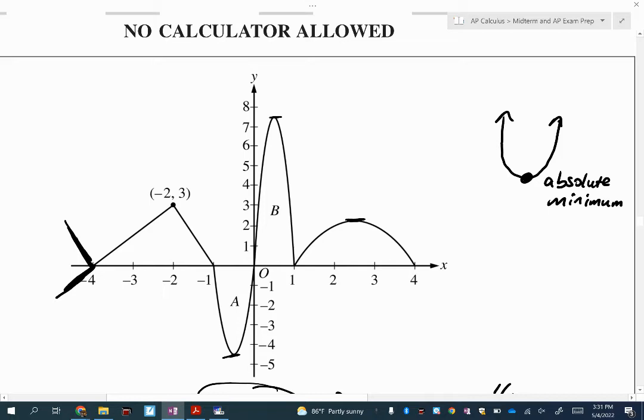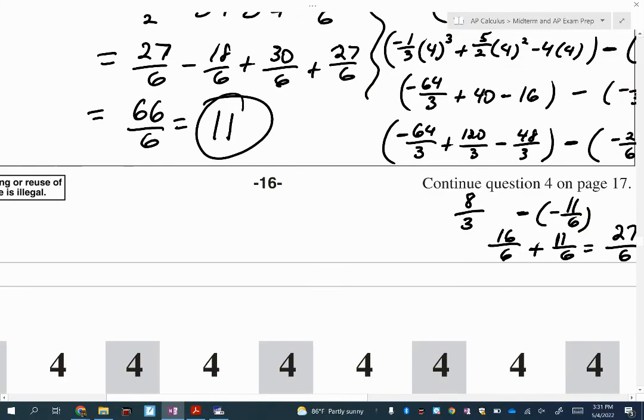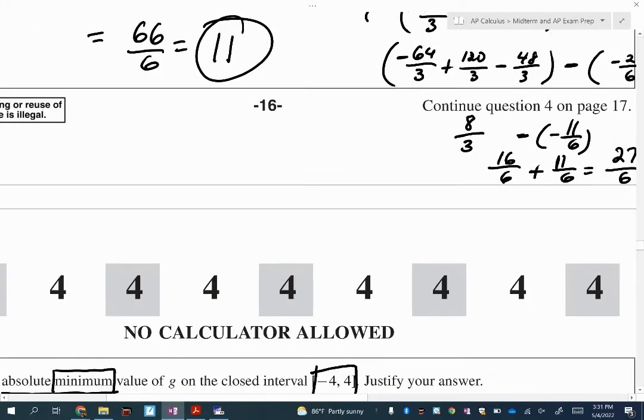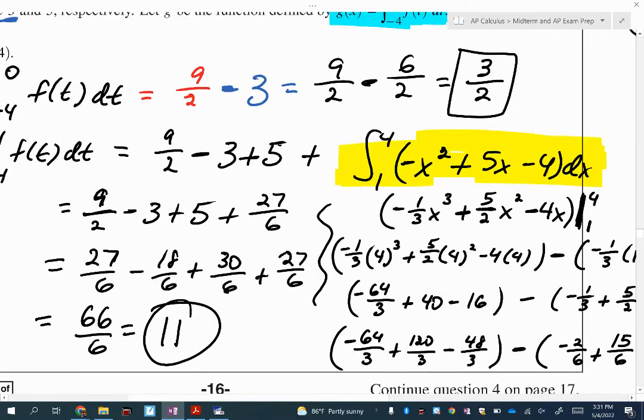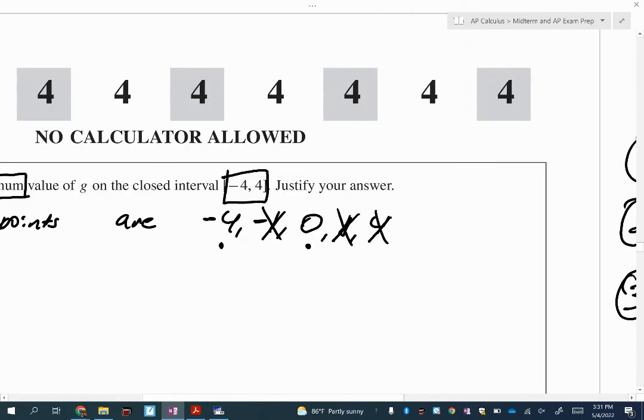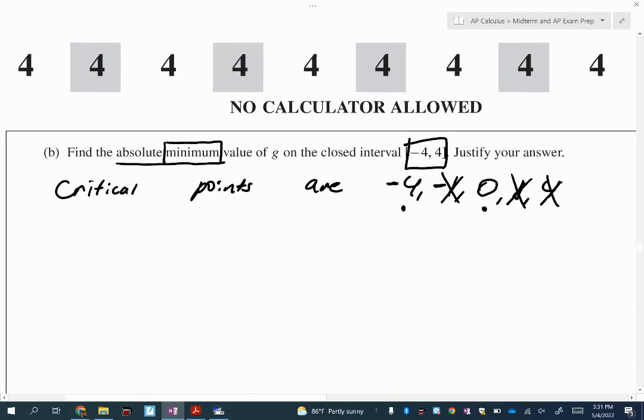Just positive values, so it's not going to be 1. And then let's try 4. What's happening at 4? Going from positive to, I don't know, could be negative, could be back to positive, but that's not what I want because I want it to be negative first, decreasing first. So not 4. So the only options are -4 and 0.